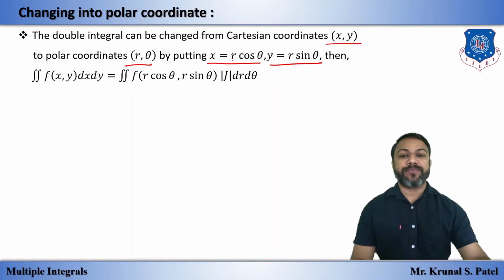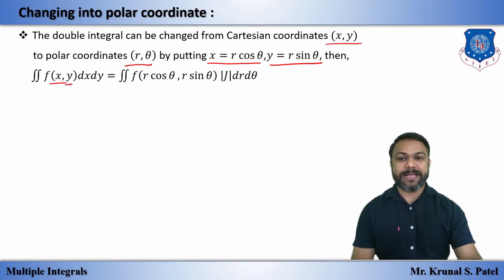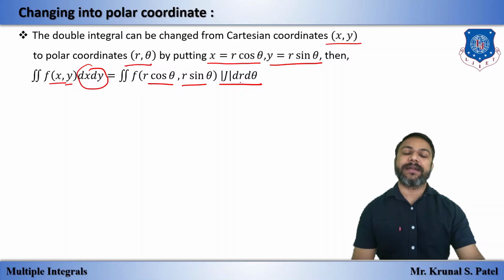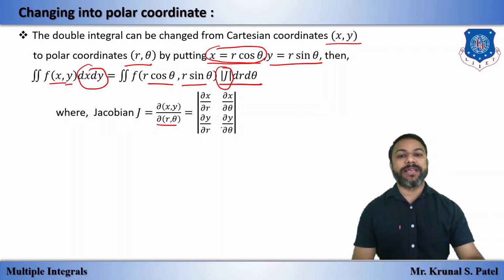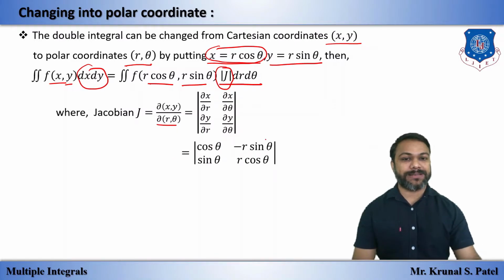Okay, so x and y are replaced by r cos theta and r sin theta, and dx dy reduces into J dr d theta. Now again we have to find the Jacobian, and we know how to find the Jacobian, del x y upon del r theta, as we have seen in the previous lecture. So this transformation is fixed. By differentiating with respect to r and theta partially, we have cos theta and minus r sin theta.